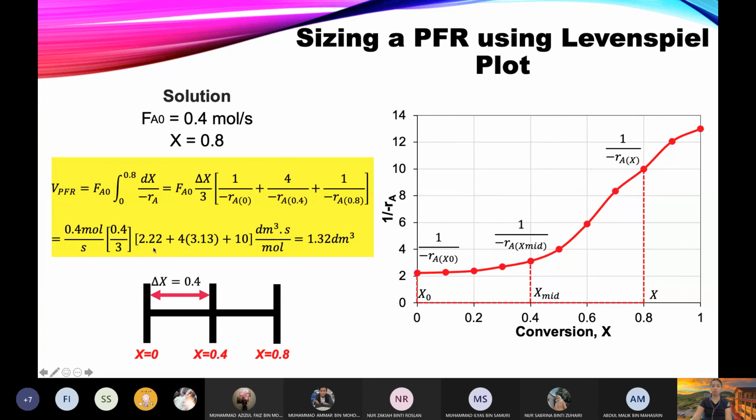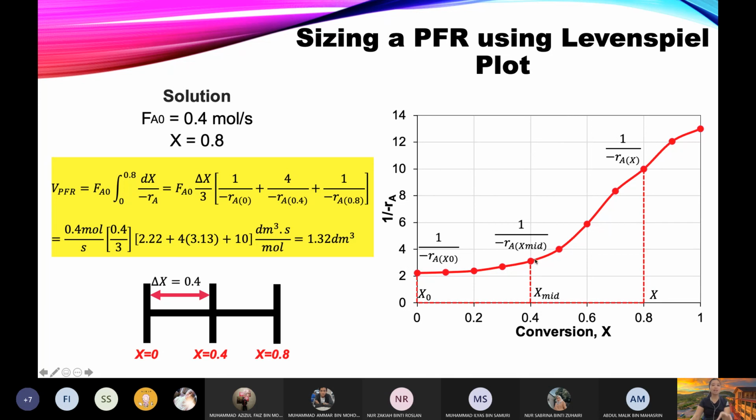So you take 2.22, plus 4 per minus RA when my X is 0.4. So when X is 0.4, your 1 per minus RA is 3.13. The red dot, this one at 0.4, is 3.13. In this plot you may not see it clearly, but if I give it in an exam question, I will show it clearly. So when my X is 0.4, 1 per minus RA is 3.13.